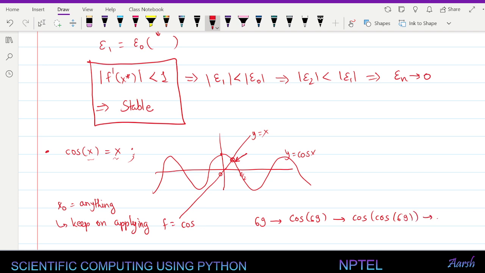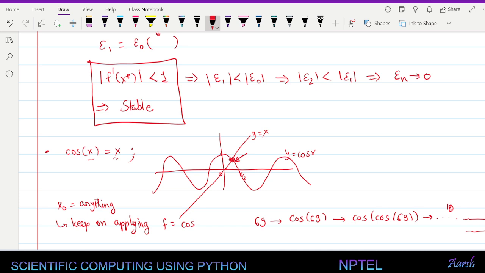If you keep on doing that, after 10 or 11 iterations, something like this, you will start getting a number which stays almost constant up to at least 3-4 digits. And that will be your stable fixed point.